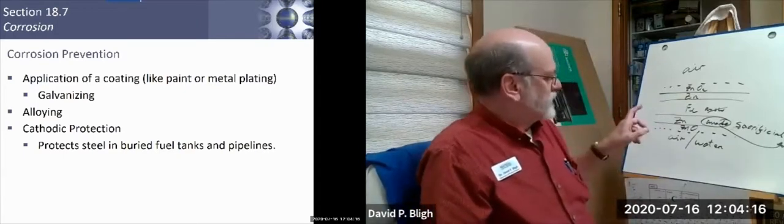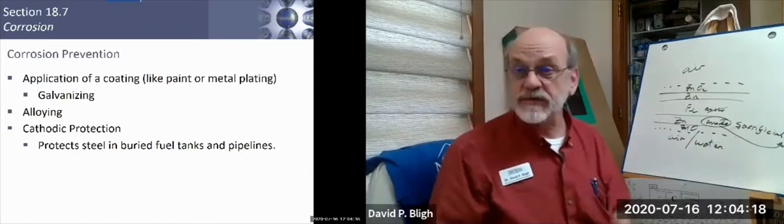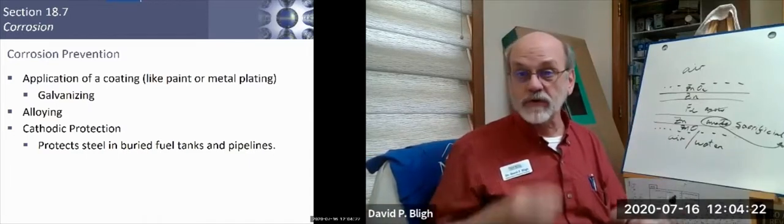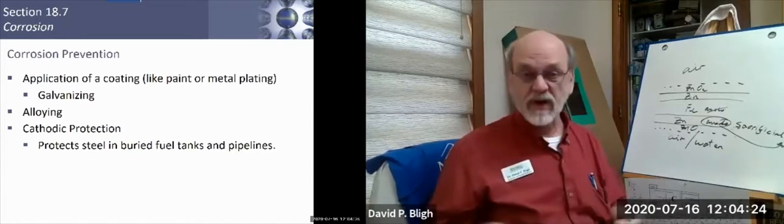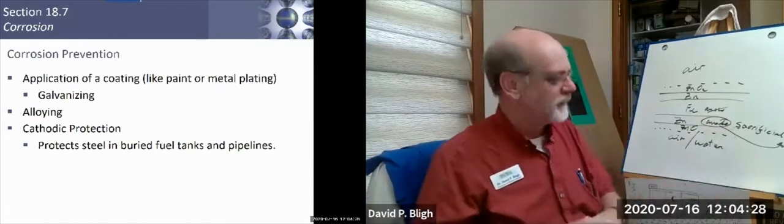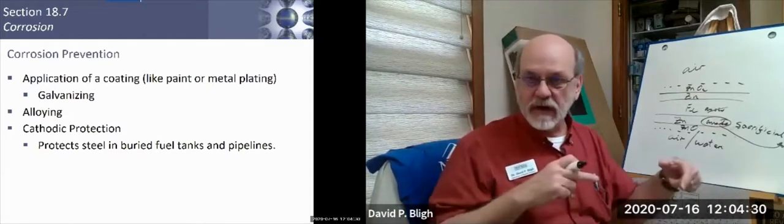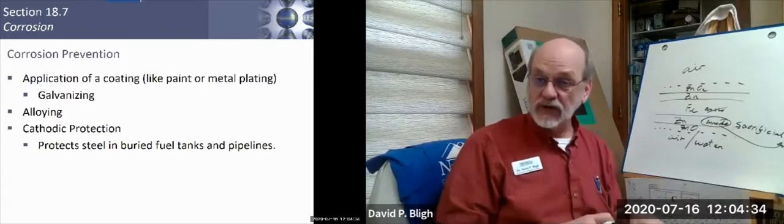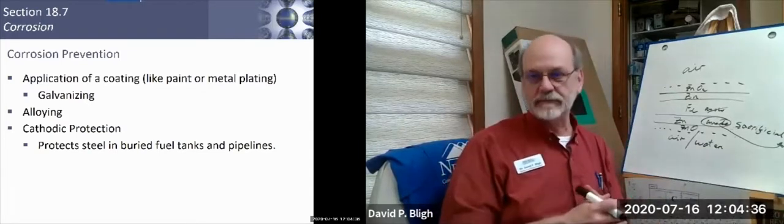Many ships that sail in salt water, and salt water is more corrosive because of the ionic strength of the salt water, we won't go into that right now, but many ships have a band of zinc around the hull below the waterline.